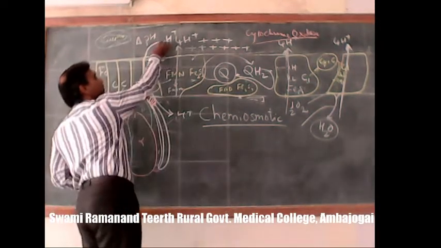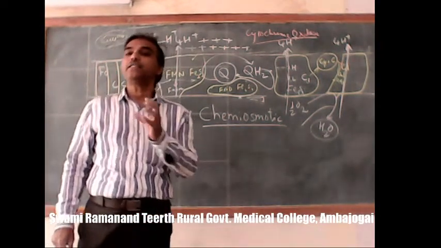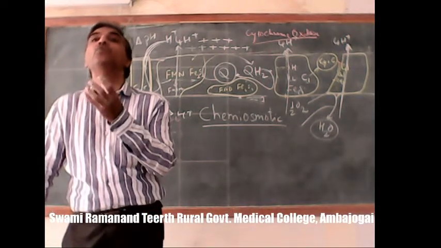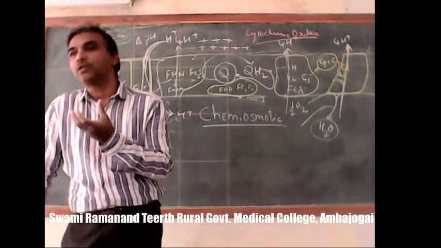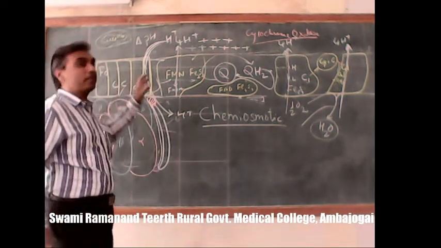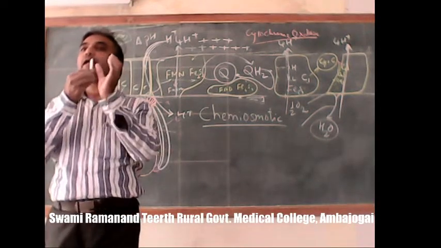There is entry of protons inside, and these C units can move like ratchet movements of C units. It occurs within the cell membrane. So whenever a proton comes inside, it is rotated.